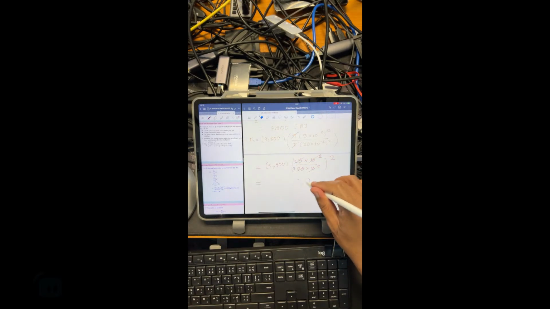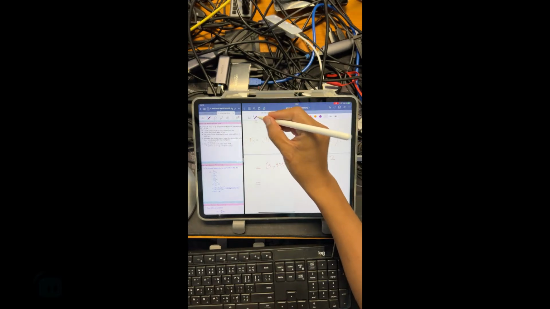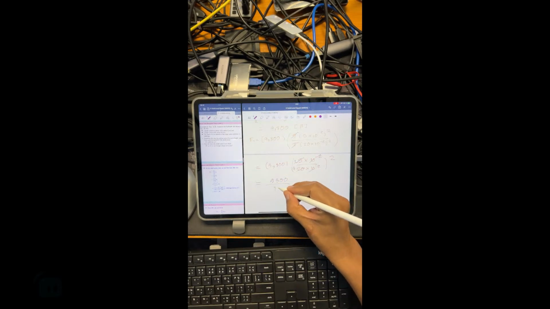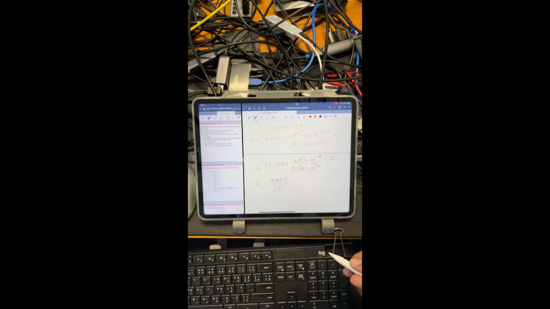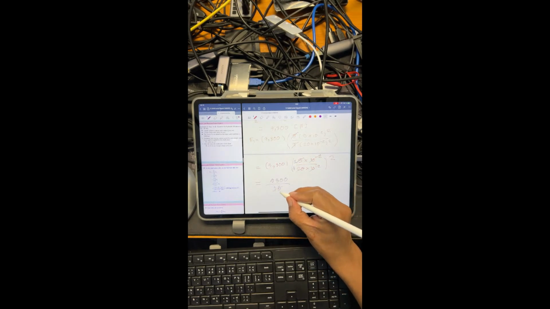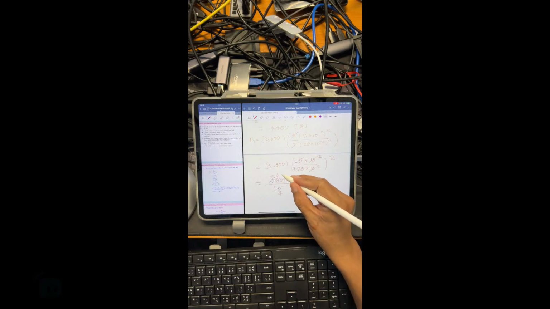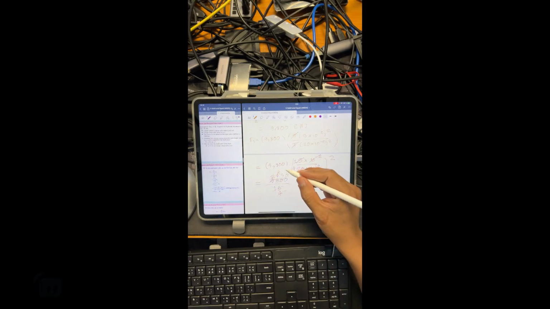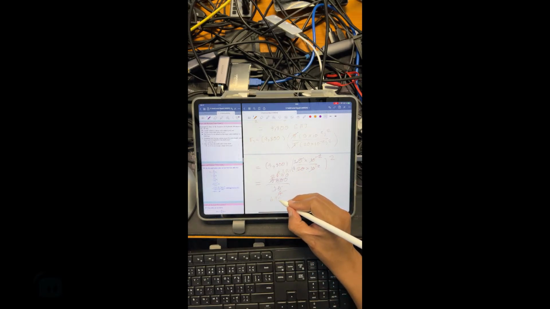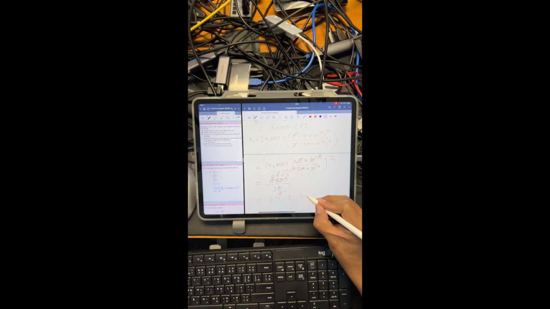So it's going to be this one, 9,800 by 16, and that gives 612.5 Newton. It's correct now.